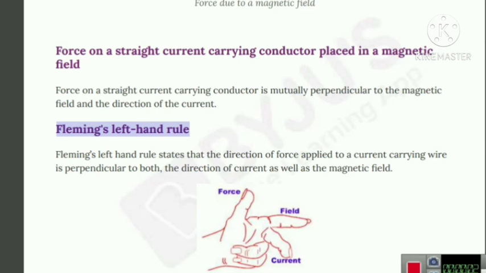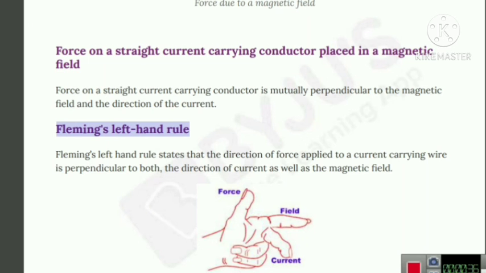From this activity, we considered the direction of the current and that of the magnetic field perpendicular to each other, and found that the force is perpendicular to both of these, that is the magnetic field as well as the current passing through the electric conductor. The three directions can be illustrated through a simple rule called Fleming's left hand rule. According to this rule, stretch the thumb, forefinger and middle finger.